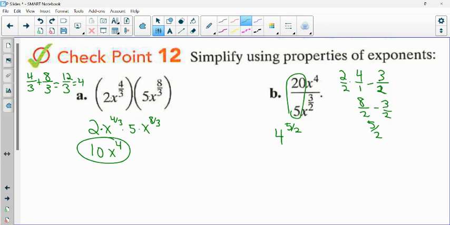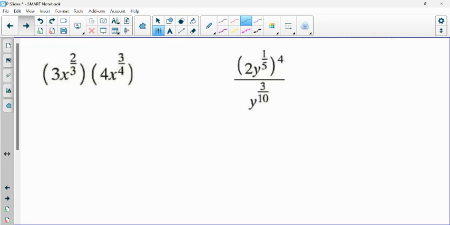Oops, we need an x here. 4x to the 5 halves, because that 5 halves is the exponent on the x. Okay, so 4x to the 5 halves would be our answer for that one. Okay, so as you see, again, not really any different, it's just the math is a little harder because we're having fractions. All right, so take a moment and try those two in your groups.